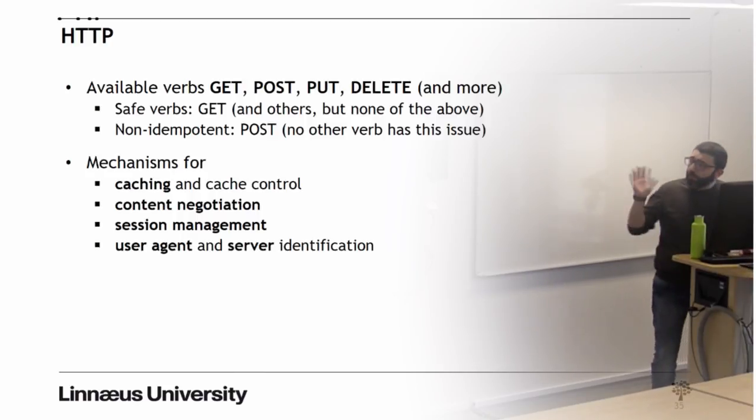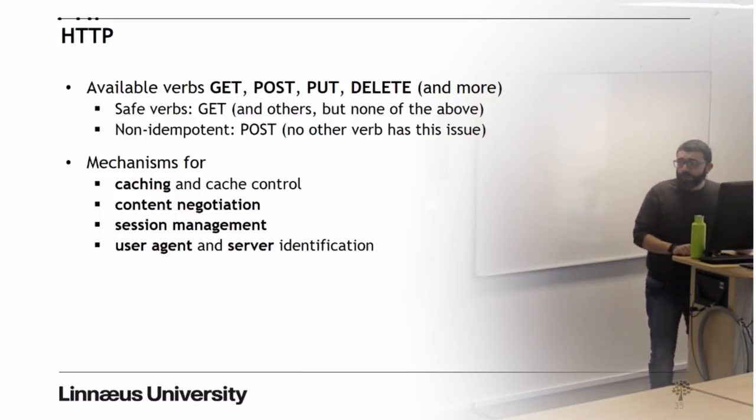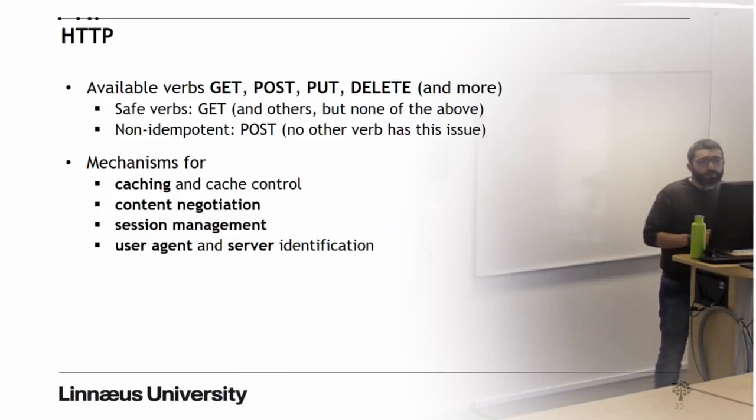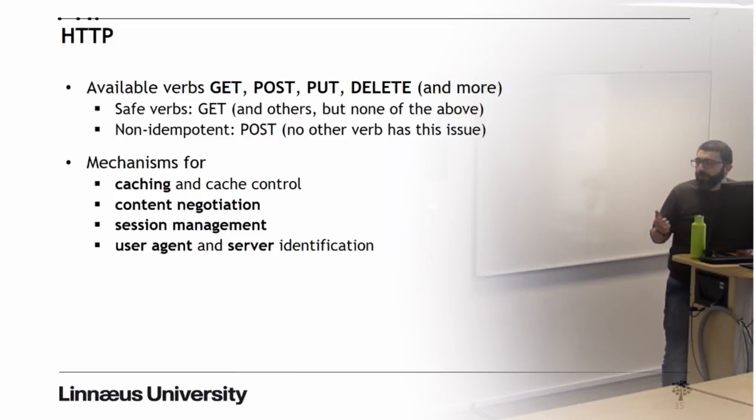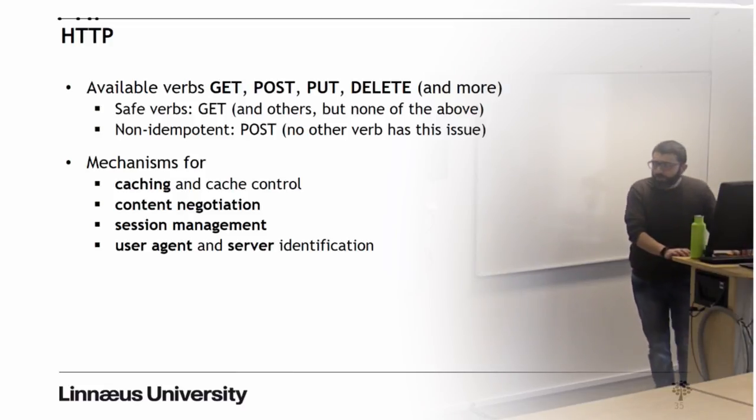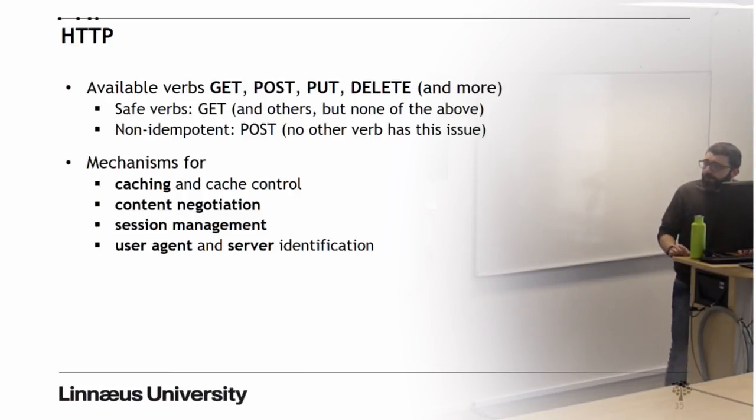Then HTTP already provides many mechanisms for caching and for content negotiation, so you can negotiate the type of representation for the specific resource that you are interested in. Okay? You can access a specific piece of data and then negotiate if you want this piece of data as a web page or a PDF or another type of data. And there is a clear identification between user agent and server.